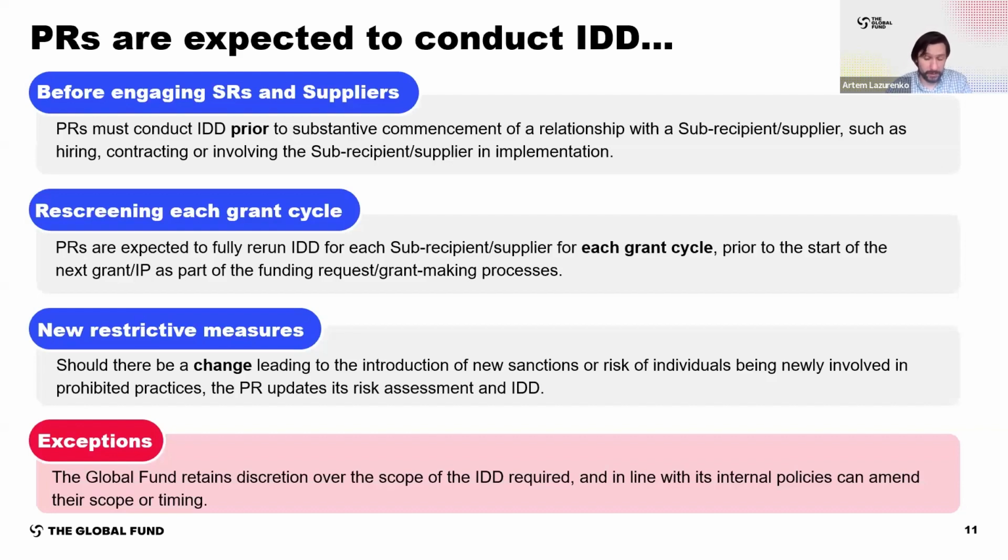So the Global Fund will continue this practice, and I have been talking about the default requirements, but of course, sometimes they would need to be adjusted, and you would work with your CT and the Global Fund Secretariat to establish the right scope of IDD if the default, for some reason, cannot apply, or on the other hand, if we need to go beyond the default and apply stronger requirements because of the higher risk that is manifesting in a particular jurisdiction. Could we go to the next slide, please?